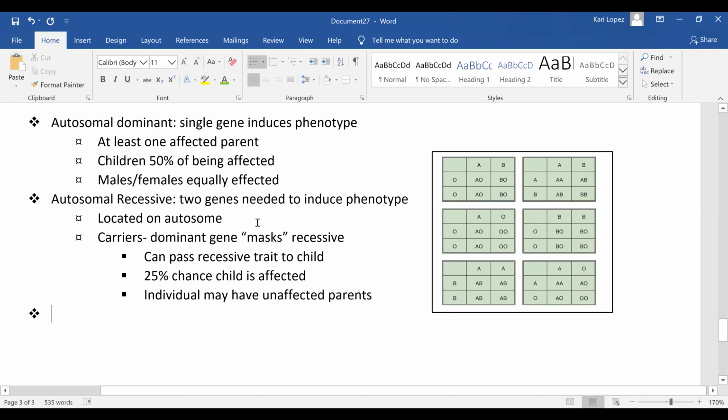And then we talked about our autosomals, and now we're going to do our X-linked or sex-linked. I started there with dominant, so I'll start here with dominant. What that means is all female offspring of affected males will be affected.